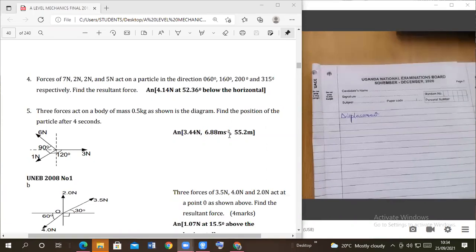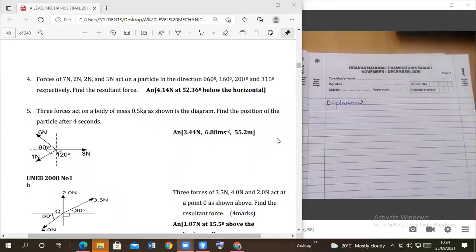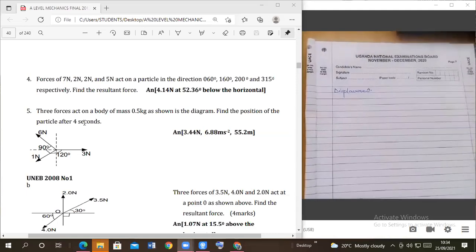Members? Am I talking to people? Please, can you talk to me? Sandra, Stephen, Narubega. We want to find the displacement. What are we going to do?